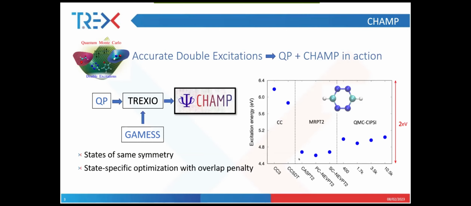Here are the multi-configurational values again, and you can see that there was a 2 electron volt discrepancy for these. But recently there was a CC4 calculation done, which is expected to give reliable values for this type of excitation. And you can see that the values we got with these CIPSI QMC wave functions are in good agreement.